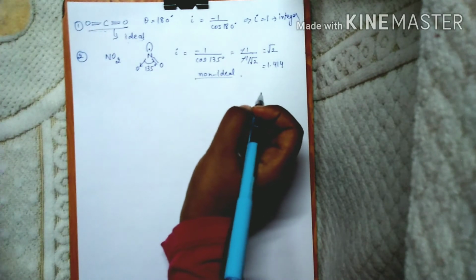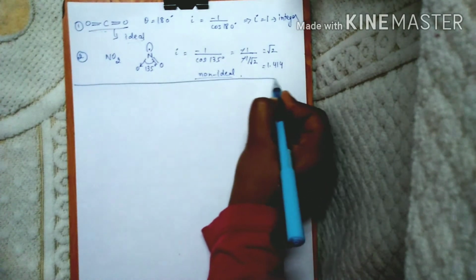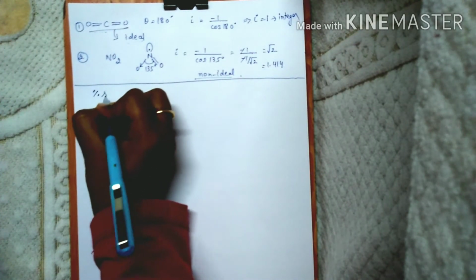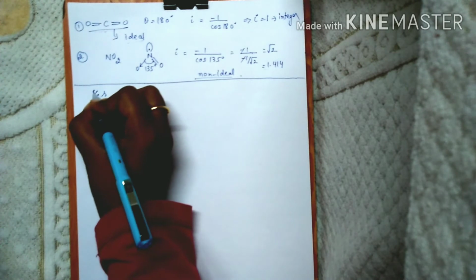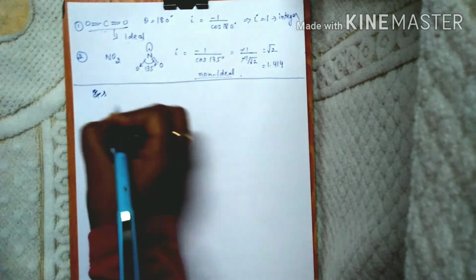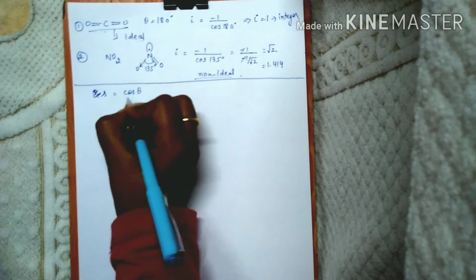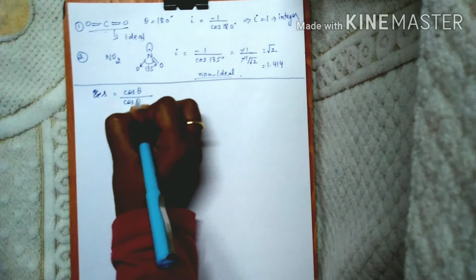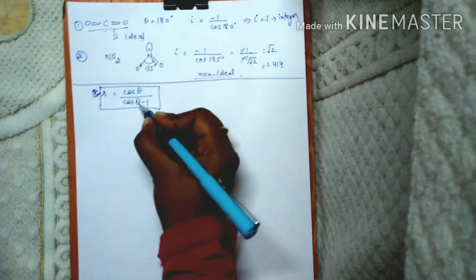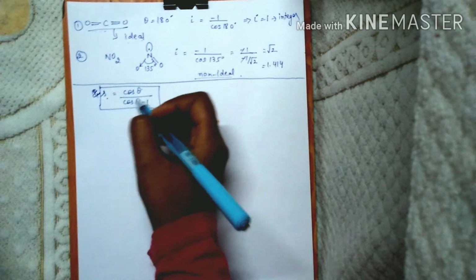If you want to determine the percentage S character and you know the angle, then you can calculate it by this formula. Don't take percentage, take it in terms of fraction. S will be equal to cos theta upon cos theta minus 1. If you know the angle, you can easily calculate S character in the bonds.